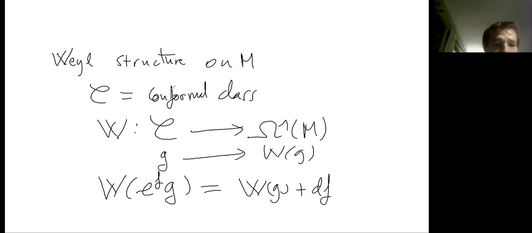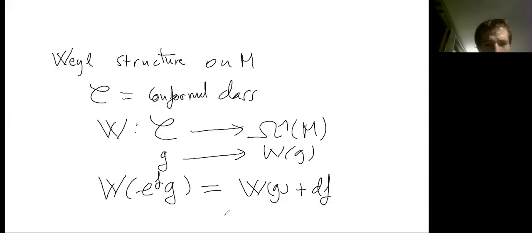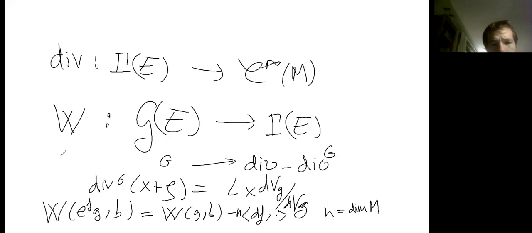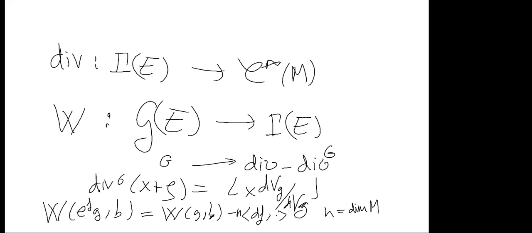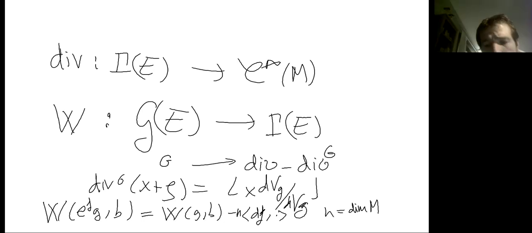Okay, so to finish, I just want to mention. Sorry, do we have the anchor map there in the last formula? Oh, let me show. Yes, of course. You're pairing this df with a section.